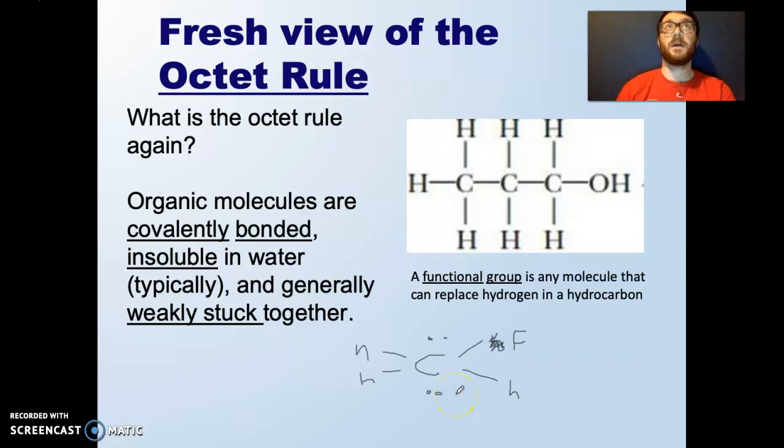Fluoromethane acts vastly different than methane. And these are all weakly stuck together. Why? Because if the fluorine finds some lonely hydrogen over here, fluorine is going to go straight to the hydrogen, because the hydrogen is very positively charged, the fluorine is very negative, and they're going to bond together.